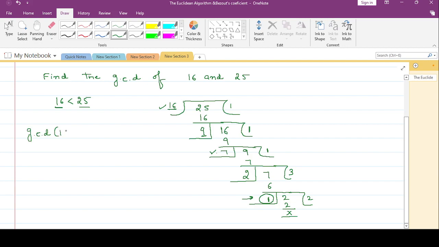GCD of 16 and 25 is equal to 1. So this is how we use a Euclidean algorithm for finding the GCD. Okay, we solve one more example to give you a better idea about this thing.